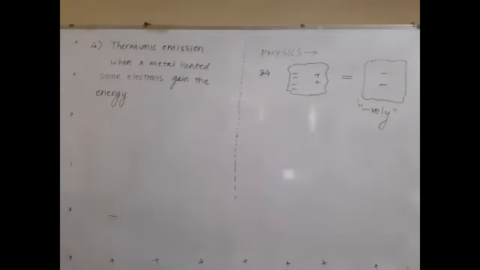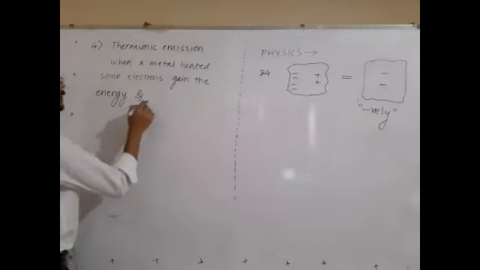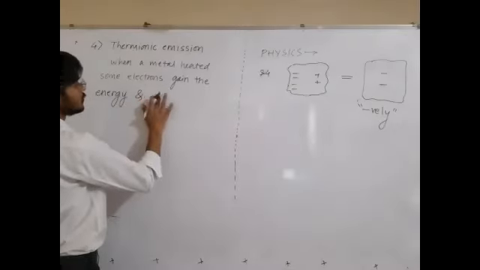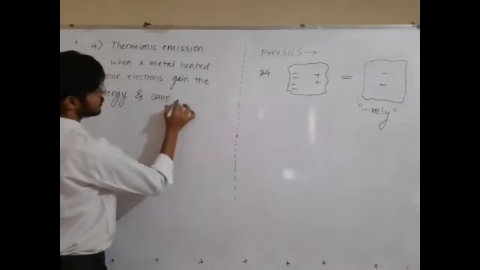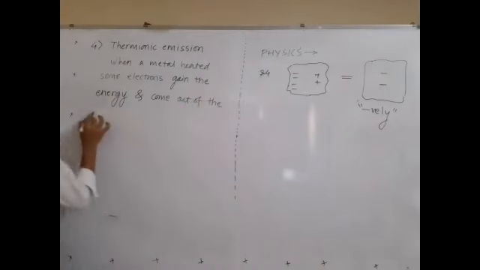That kinetic energy becomes so high that the electrons gain the energy and emerge out of the metal.